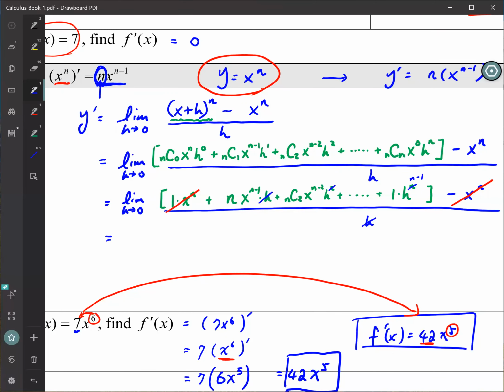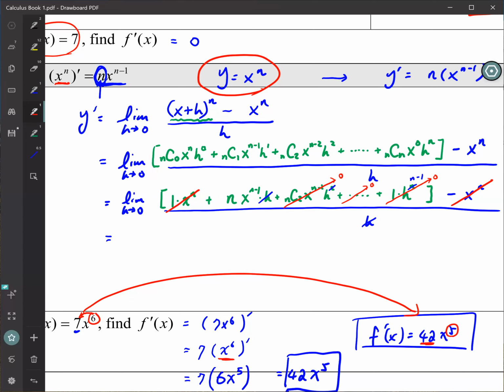All right, so once we cancel that out, now we try to sub in the 0. Then the terms that still have the h will be gone, right? Everything in the middle will be gone. This one will also be gone, because those are the terms that still have h.